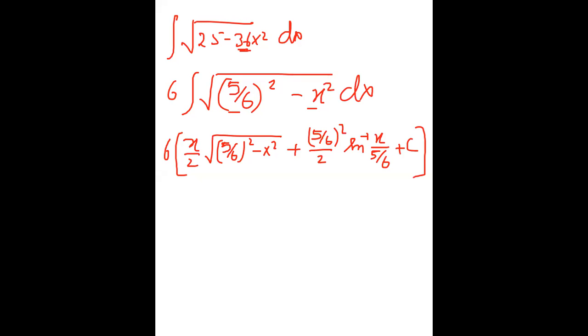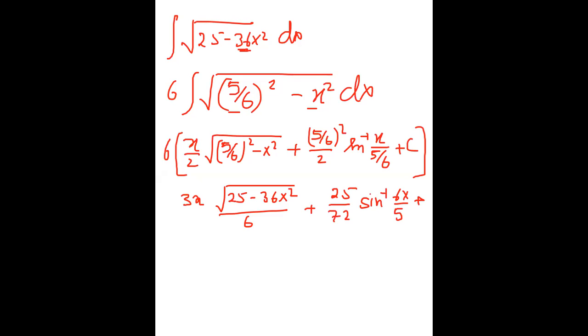So it becomes the final answer. Let us simplify it in the best way. 3x under root 25 minus 36 x square upon 36, after the root it will become 6, plus 25 by 72 sine inverse 6x upon 5, plus c. 6c will be c only.